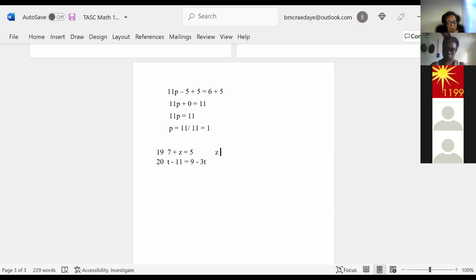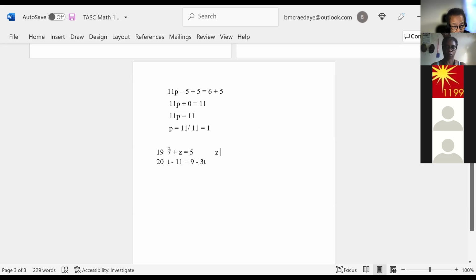12? No, 12 plus 7 is 19. Maureen, just think about this. If you get a number over here smaller than this number that you're adding to your variable, that means the variable has to be a negative number, right?